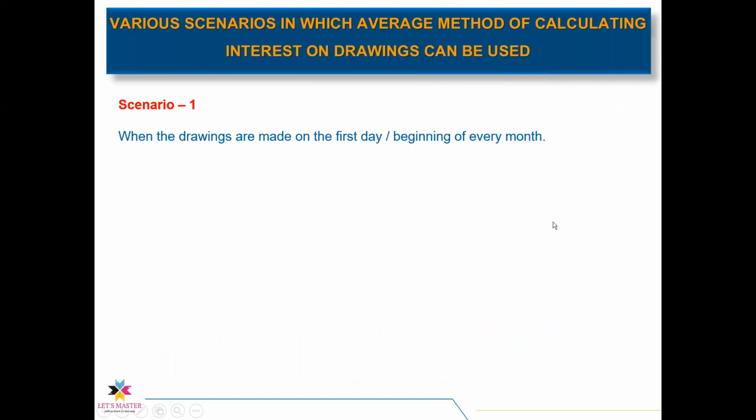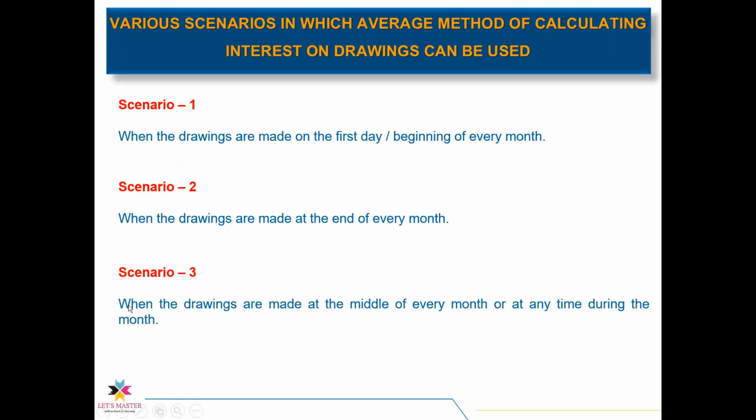Now, the first scenario is when the drawings are made on the first day or beginning of every month. The second scenario is when the drawings are made at the end of every month, and the third is when the drawings are made in the middle of every month or any time during the month. So these are the three scenarios when the drawings are made on a monthly basis.